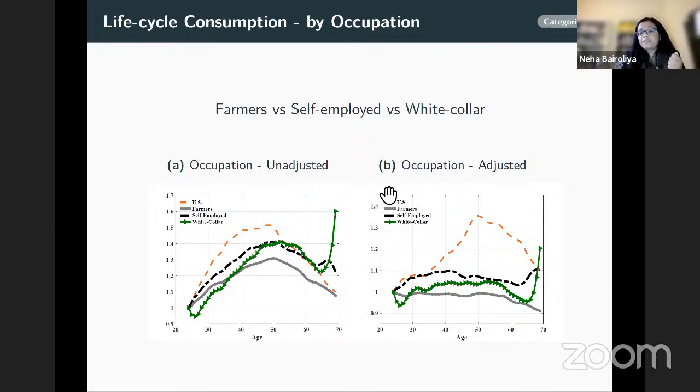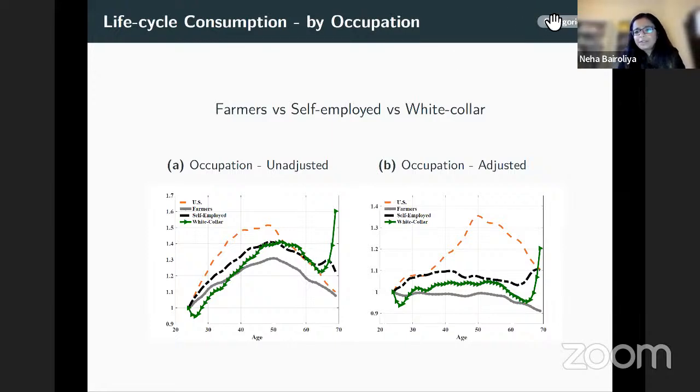But when it comes to the flat profile, we still observe the same flat consumption expenditure profile for all these different households once you adjust for family size, which is your right panel over here. So the bottom line is it does not seem like the flat consumption profile after adjusting for demographics is driven by a particular subgroup of Indian households. It seems like that's consistently the story for India.